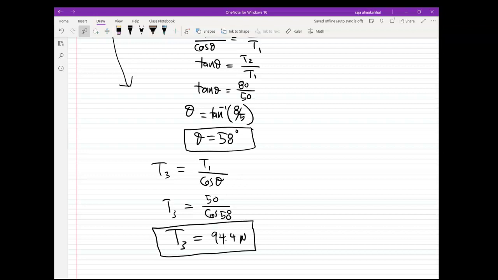Here's one from my notes. Actually, it is very similar to the one we have just done.